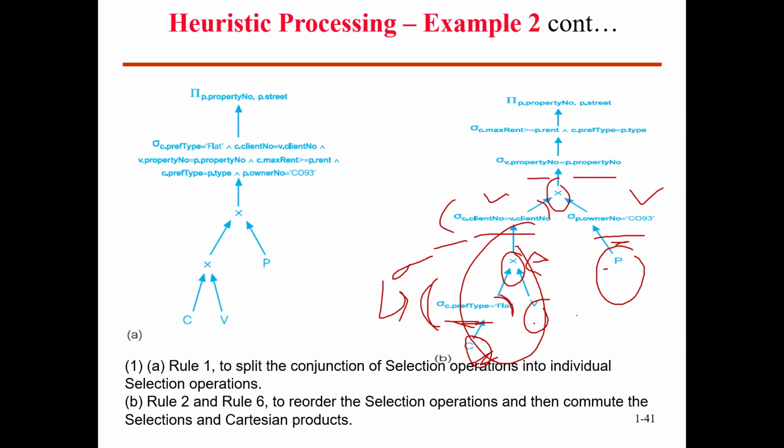And then we are saying the maximum rent and the property type. Okay, so these are the two conditions, which will say that the maximum rent is greater than or equal to the property rent and the property type is equal to flat or property type from the other table. And then we are selecting the property number and the street. Okay.